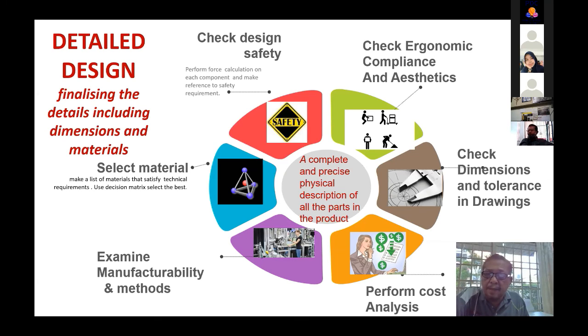Is it suitable for human use? Will the design make it easy for people to use, or will it be very confusing? And of course, we also talk about aesthetics. Does the color match the requirement? Do you think pink will be suitable for men? That is aesthetics.